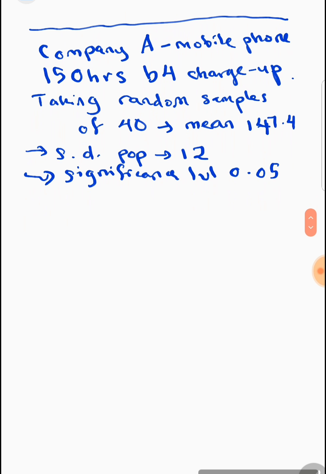Do we assume or do we accept that this claim by company A is true or false? Alright, so this is a typical question of how it will look like in questions that require significance testing.